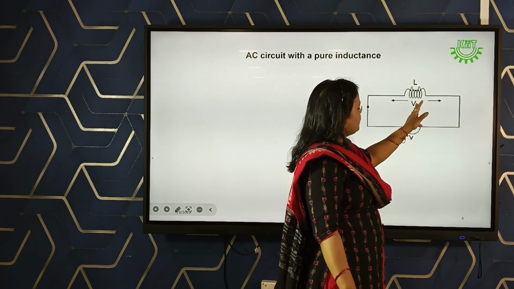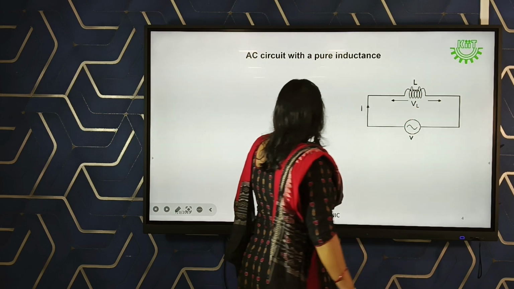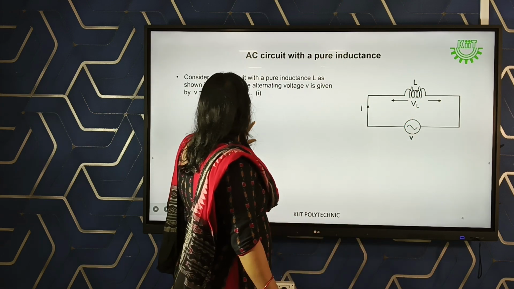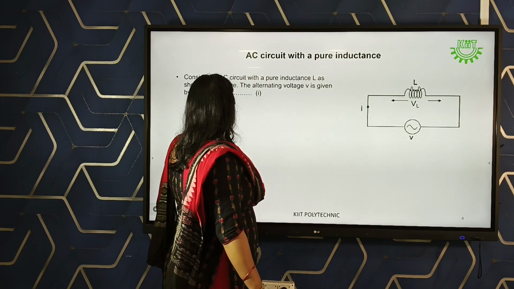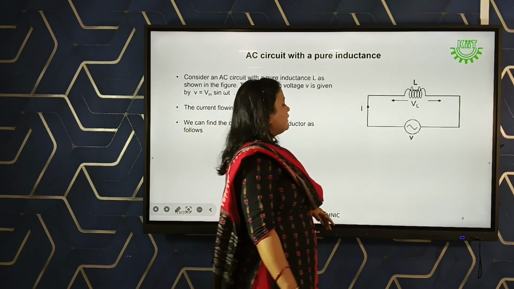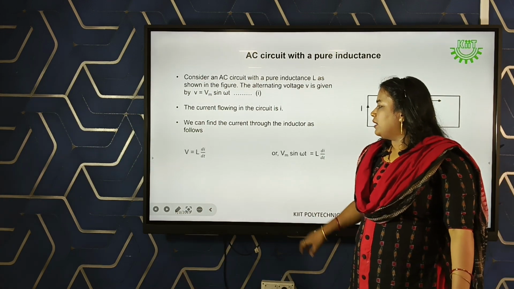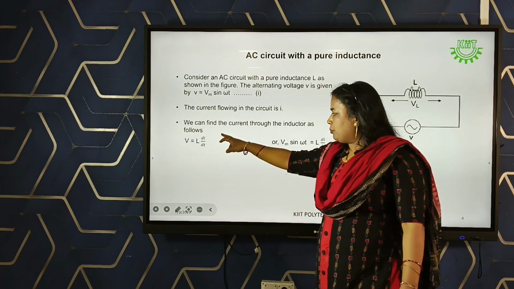Here only the inductor is present, so the supply voltage will appear directly across the inductor. So we can write V is equal to Vm sin omega t. Now, in order to calculate the current across the inductor, we use this procedure.